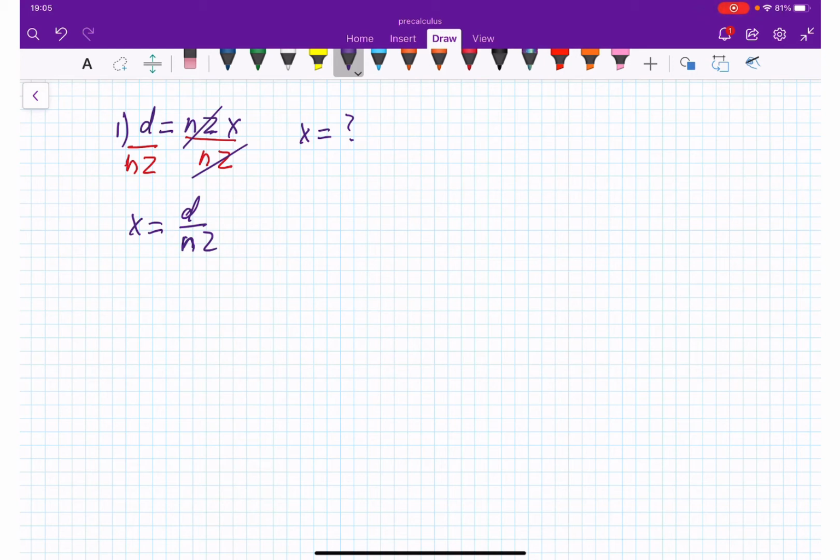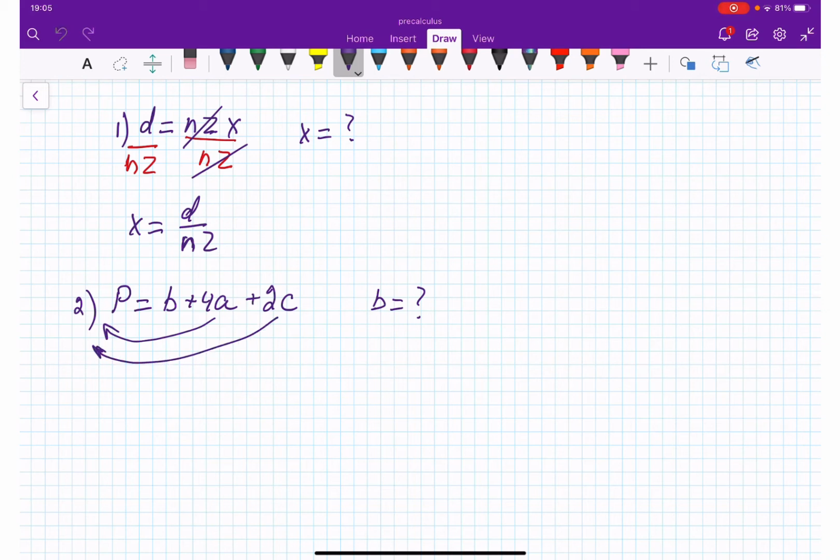Next one, number 2. We have P equals B plus 4A plus 2C, and we need to solve for B. To solve for B, that means we need to move 4A to the other side and 2C to the other side, yes?